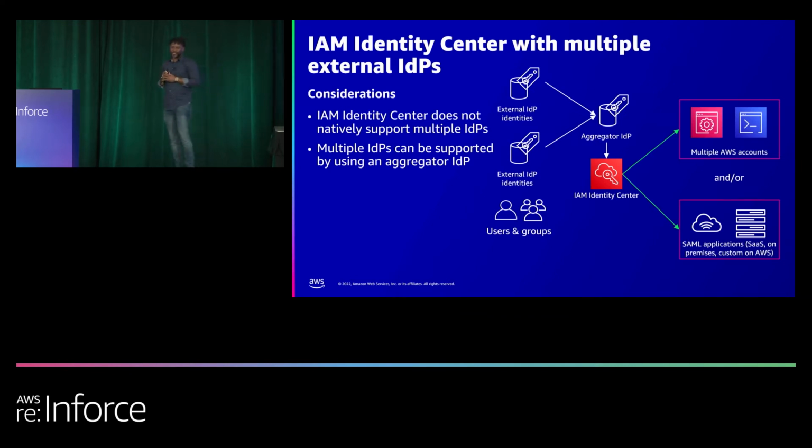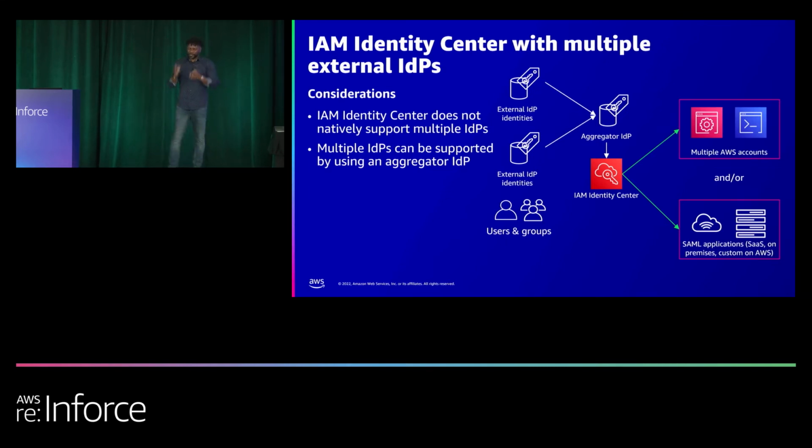But you can achieve this by using what we call an aggregator IDP or a bridge IDP. Now, how this works is that IDP would present a single interface to AWS. Almost did it. You're not getting any stickers. I almost did it. To IAM Identity Center, right?